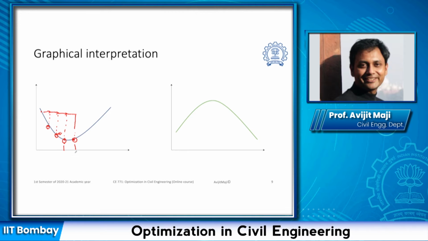Likewise, if we take the maximization problem, it is going to look like this. And let us start from the different side of the problem. Suppose if we guess an initial point which is here, and our positive direction search is this. So if we take a step of s length and we reach this point and we find our objective function value at this point is reducing for a maximization problem, then we know that we are going in a reverse direction.